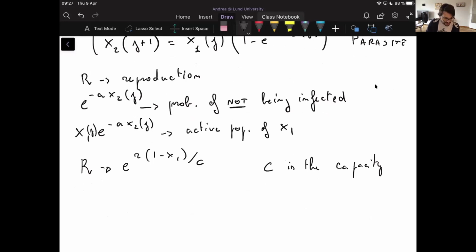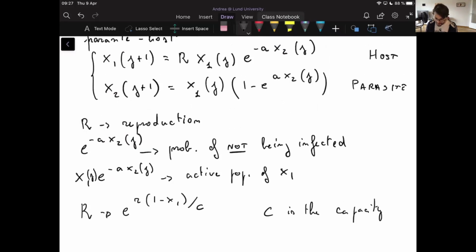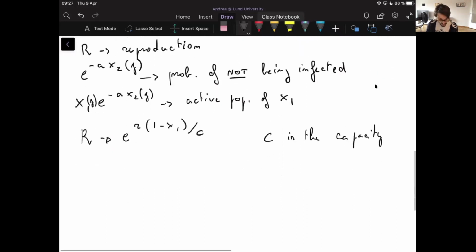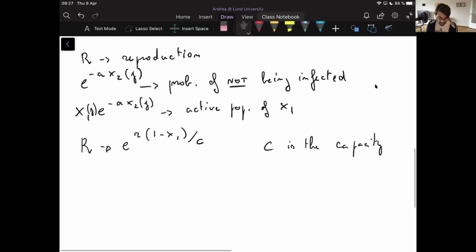Now let's continue to model. So I will not do a super step-by-step derivation because I think it's fairly boring. This is a fairly long algebraical system, but the fixed points of this system are, of course, 0, 0.